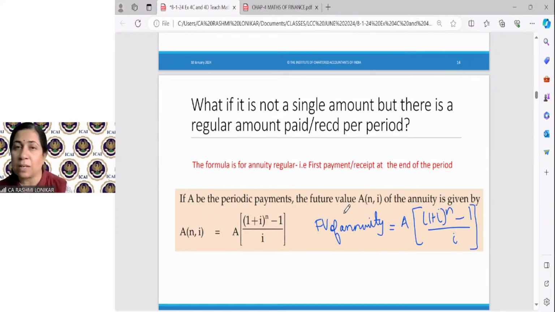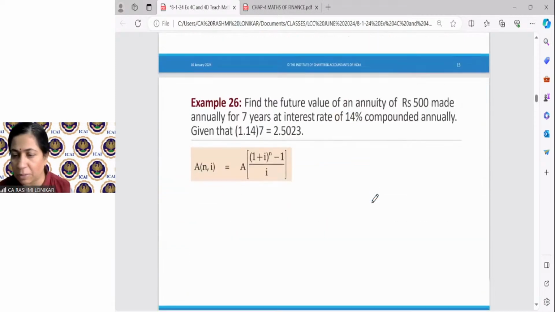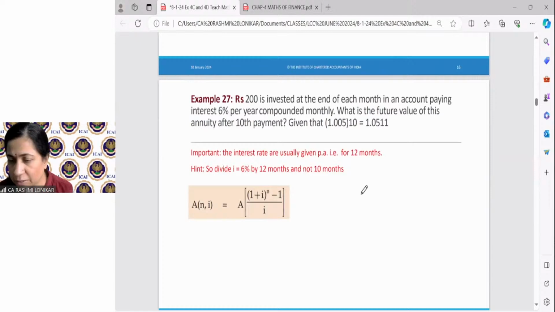Suppose I make an annuity of 100 rupees per year. So after 20 years, how much money will I receive at a certain rate of interest? That is going to be given by this. Then we did sums on that.